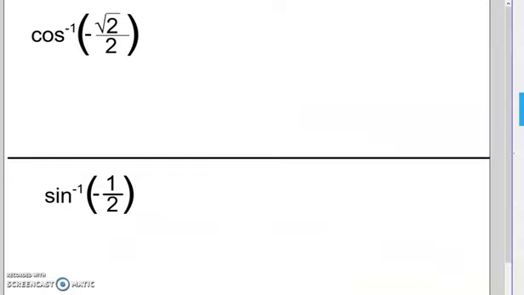Okay, two more examples. First we identify the ratio that we're dealing with here. In this case, we would have to recognize that the square root of 2 over 2 is the same as if we had written 1 over the square root of 2.